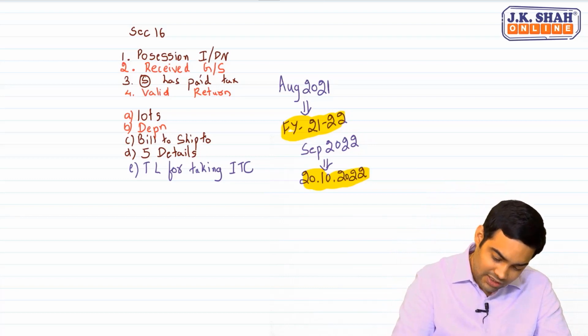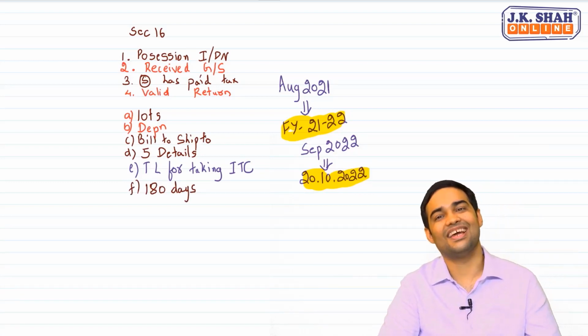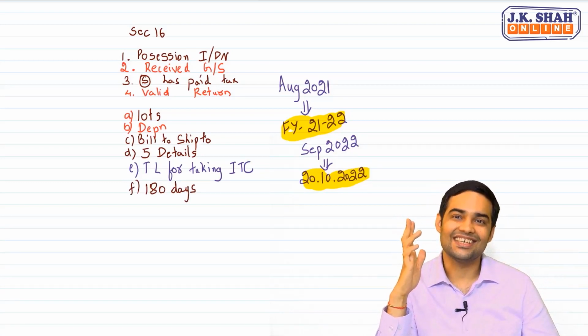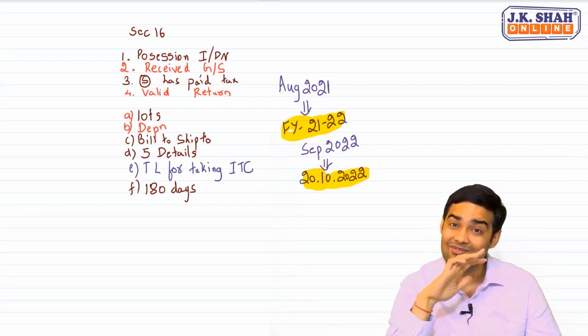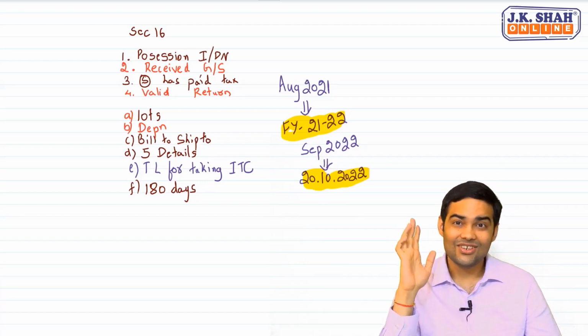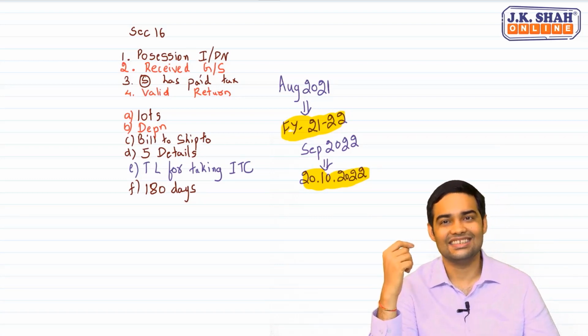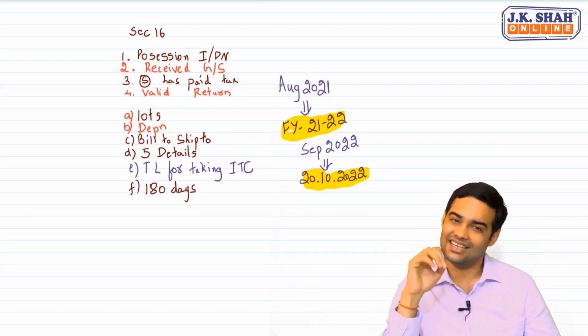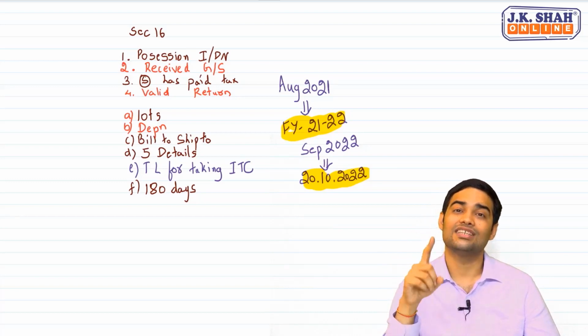Then there is one more condition. You recall 180 days. If the recipient fails to pay the supplier within 180 days from the date of invoice, in such cases the recipient has to reverse ITC in the month's return in which 180 days expires and pay it with interest.